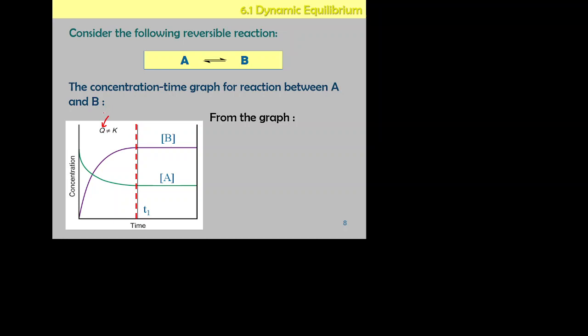So this is reaction quotient, reaction equation. So it's just the same thing as K lah, and K is equilibrium constant.